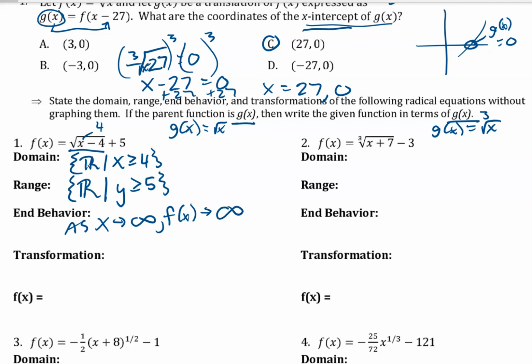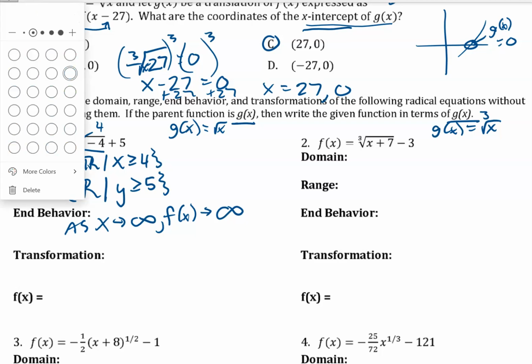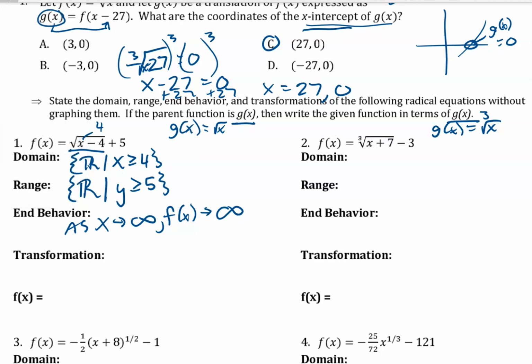And what is my transformation? Well, there's h, and there's k. And as a reminder, it's x minus h. So my transformation is right 4, k is positive, up 5.